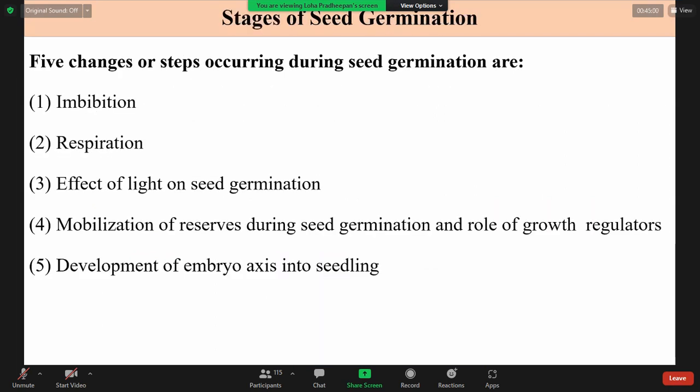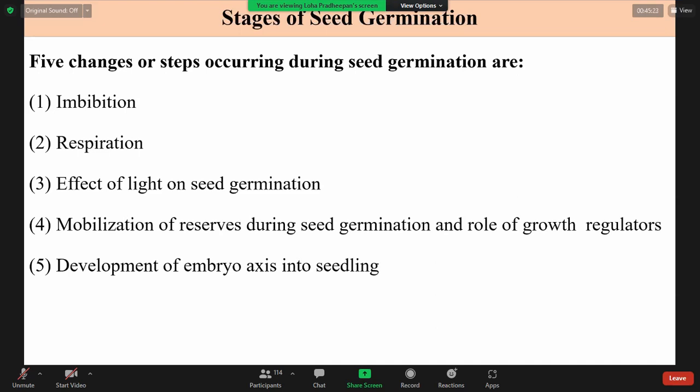If we look into seed germination, we are able to see 5 changes or 5 steps during the seed germination. The first one, seed imbibition.